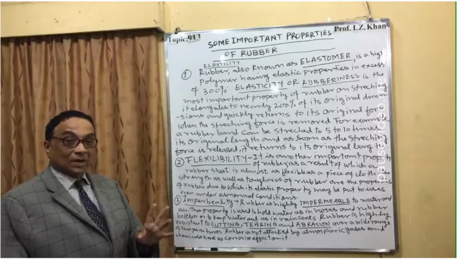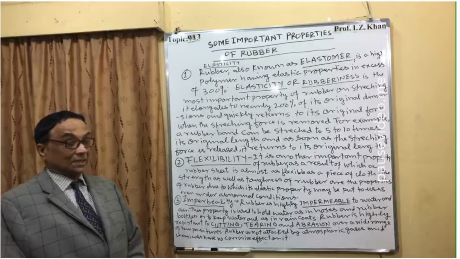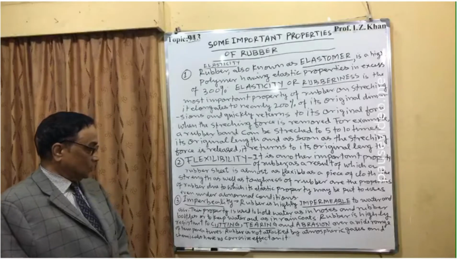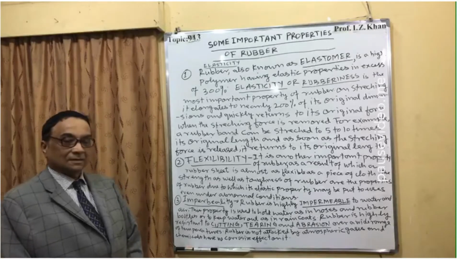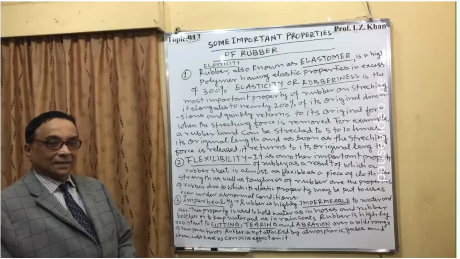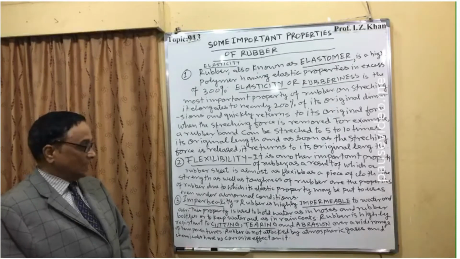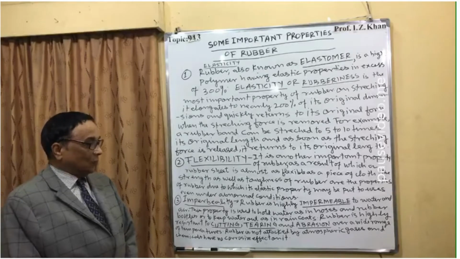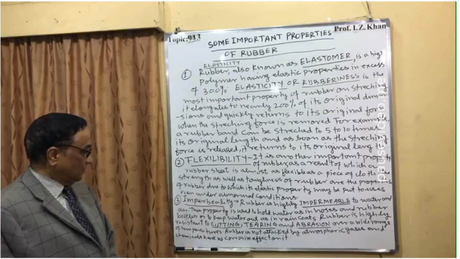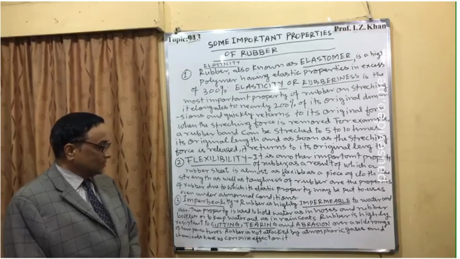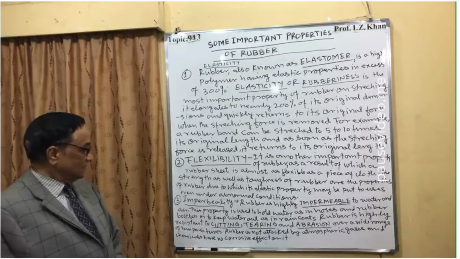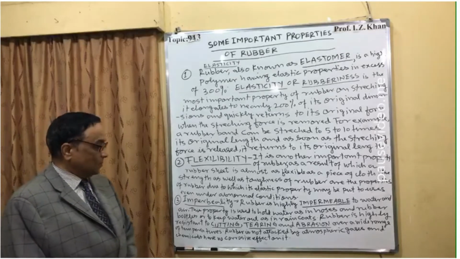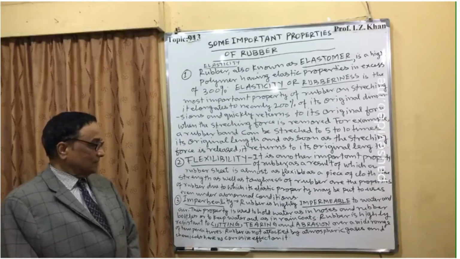It is very difficult to cut rubber because of its elasticity, and it resists cutting, tearing and abrasion. Abrasion means cracking and breaking into small pieces on the upper surface. Over a wide range of temperatures, rubber is not attacked by atmospheric gases, and chemicals have no corrosive effect on it.